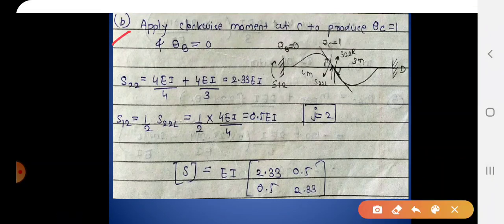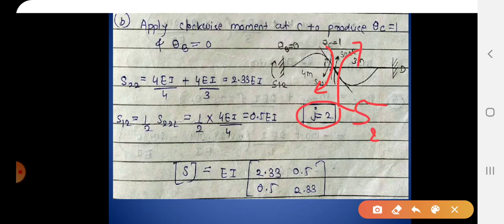Now go to part B, second redundant, theta C equal to 1. Therefore apply clockwise moment at C to produce theta C equal to 1 and theta B equal to 0. B end will become fixed support. Okay, therefore clockwise moment, and here J is equal to 2.